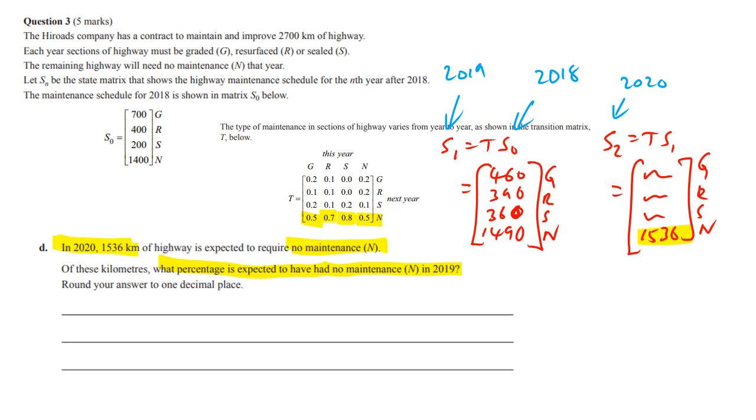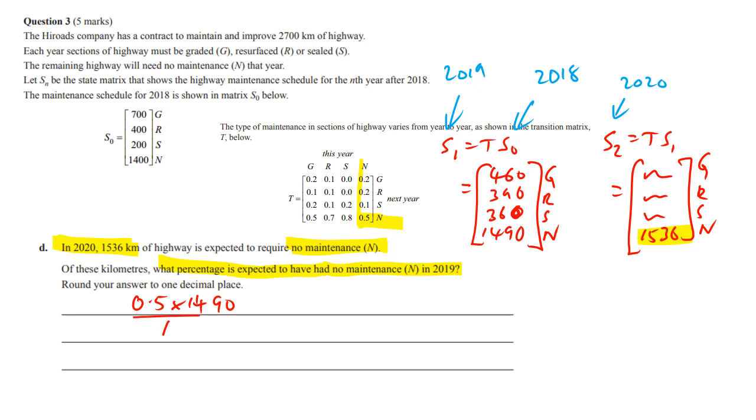So we don't want all of this. We just want the 0.5. We want the bit that went from N to N, and that's half of it, 0.5. So our actual value is 0.5 times 1490.